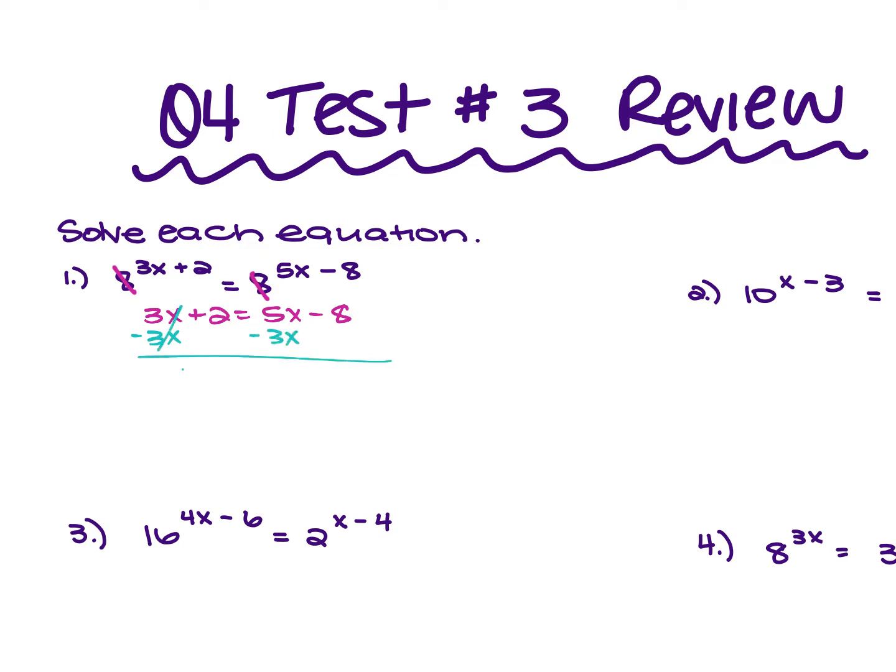This is going to leave us with 2 is equal to 2x minus 8. We move that 8 over by adding it to both sides. We get that 2x is equal to 10. Then divide each side by the 2, and x is 5. If you want to check these, plug the 5 in for the x in both sides of your powers, and then you should get a true statement.